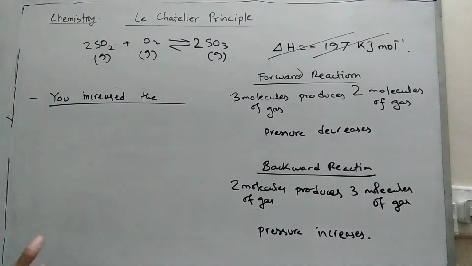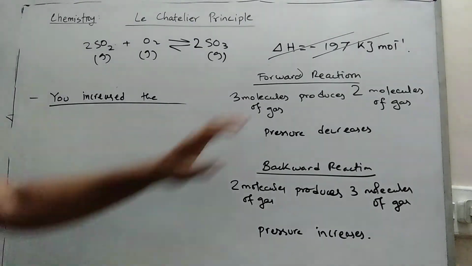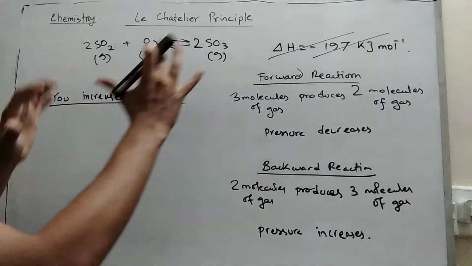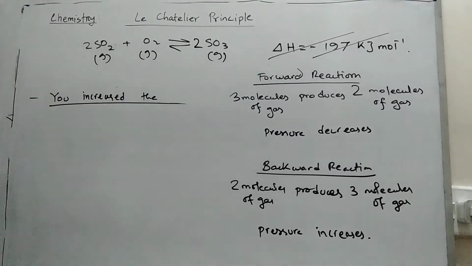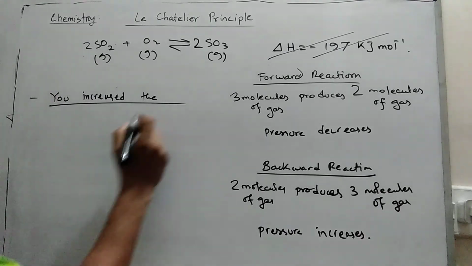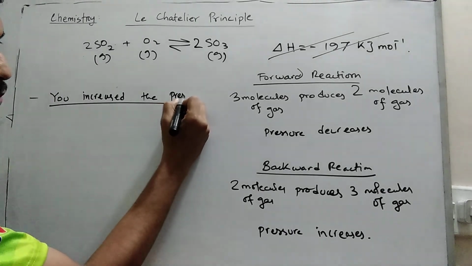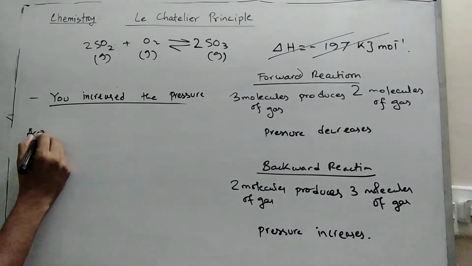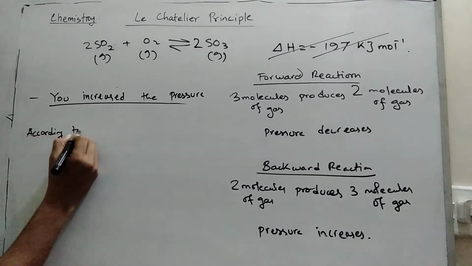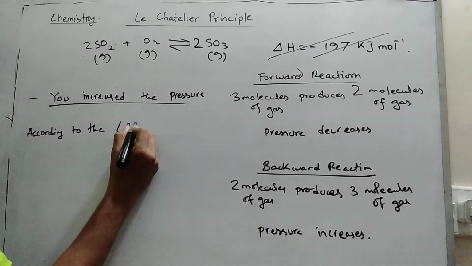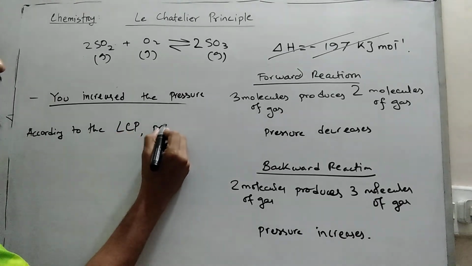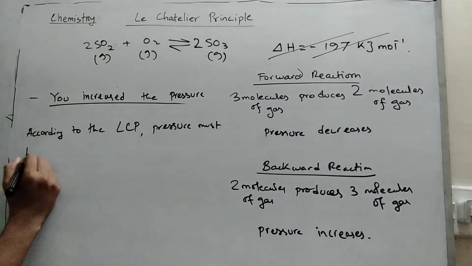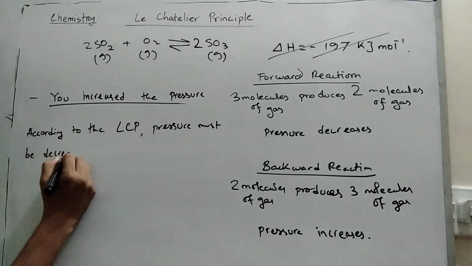Now let's say you have brought a change. We have analyzed the reaction. Now we are bringing a change. Let's say this system is in dynamic equilibrium and we bring a change. Let's say you increase the pressure. Now if you increase the pressure, according to Le Chatelier's principle, pressure must be decreased.